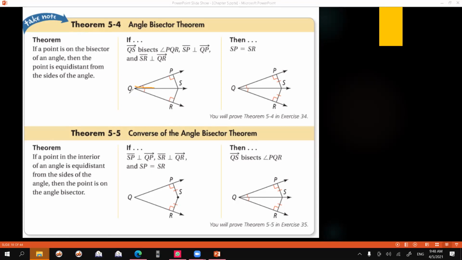Before that, I told you that this lesson is about the perpendicular bisector and the angle bisector. The perpendicular bisector cuts the length into 2 equal halves. The angle bisector cuts the angle into 2 equal halves, as its name says.